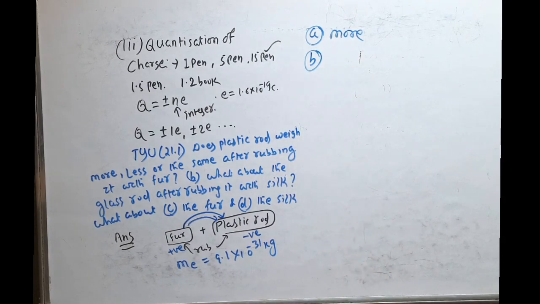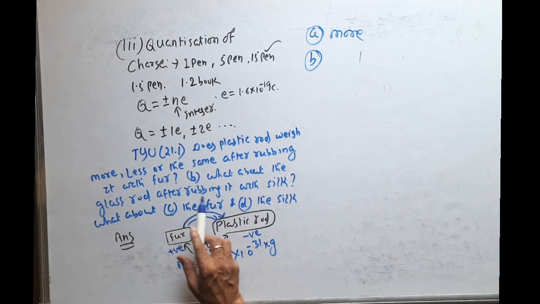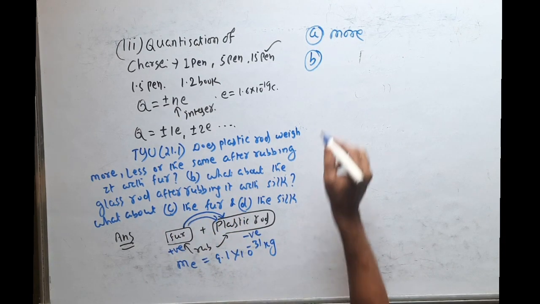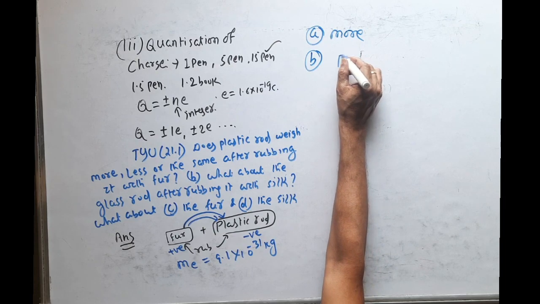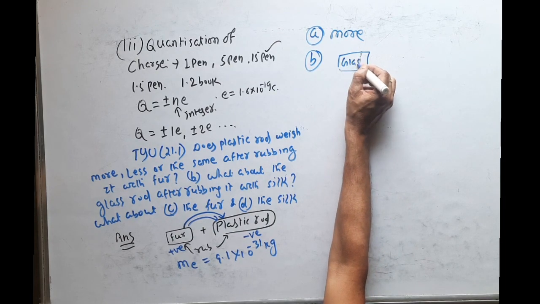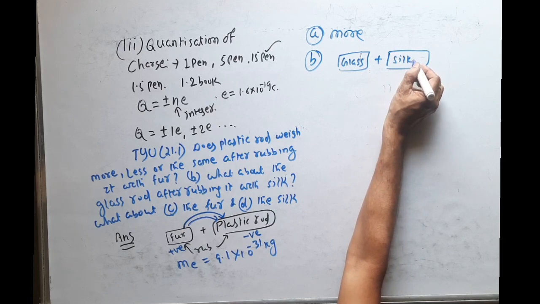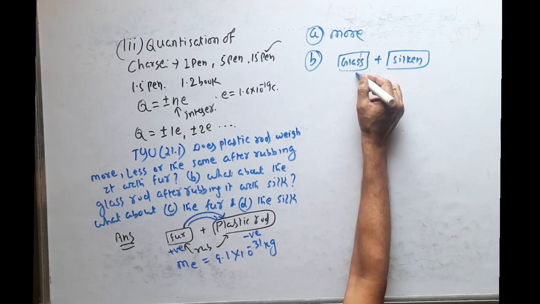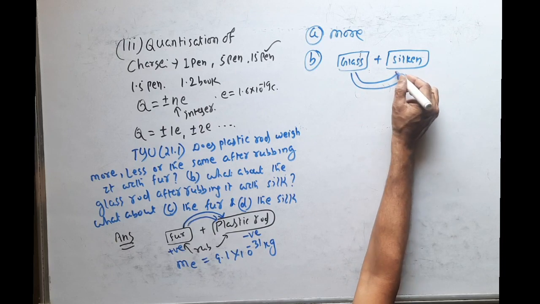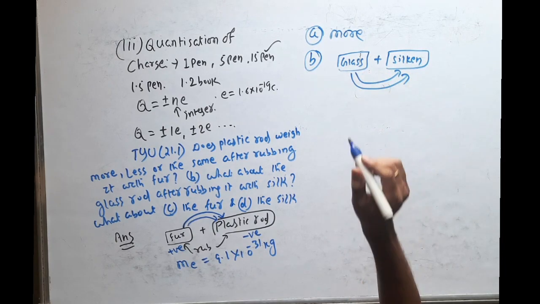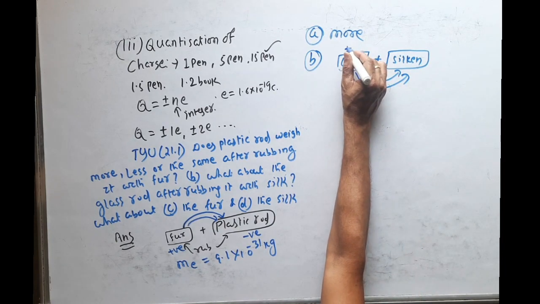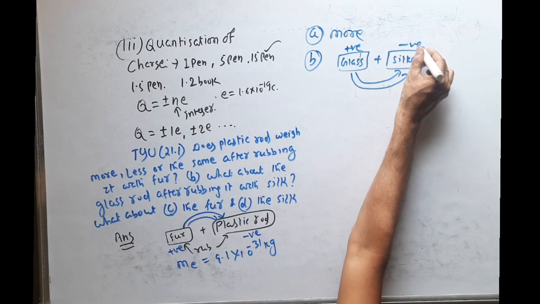Come to the second part: what about the glass rod after rubbing with silk? Suppose this is the glass rod. You rub it with silken cloth. So if you rub, what will happen? Some electrons will transfer from glass to silk. So the glass will be positive, and the silk will be negative.